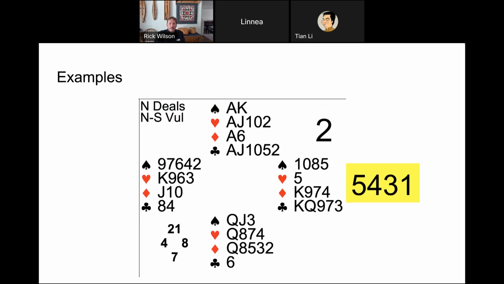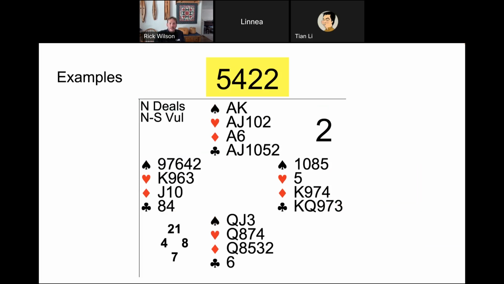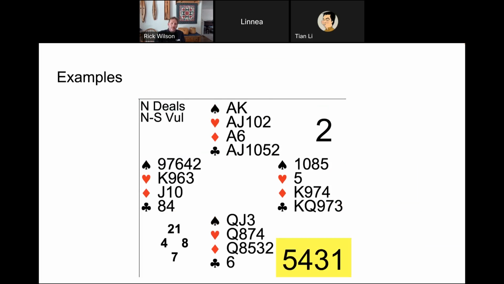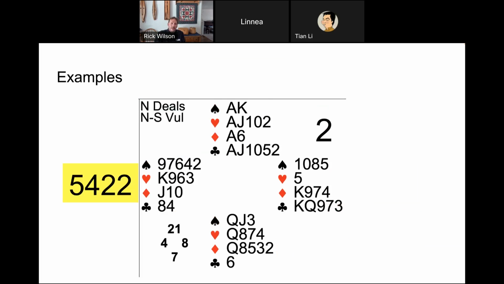For east, we've got 5-4-3-1, and that's our most common unbalanced hand by a long shot. 5-4-3-1 again for south. And then our semi-balanced again for west, just as examples.